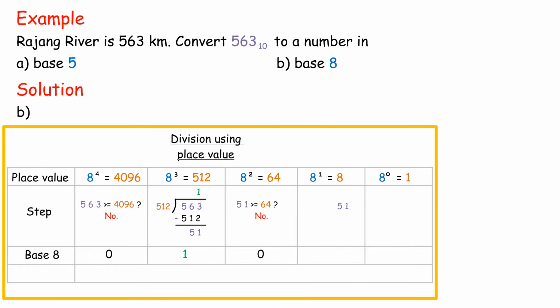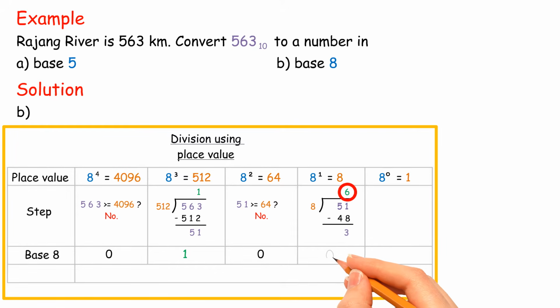Is 51 greater or equal to 8? Yes. Thus, 51 divided by 8, 6 times 8 equals 48. 51 minus 48 will get 3. Thus, write down 6 in base 8, and carry 3 to the next process. Is 3 greater or equal to 1? Yes.